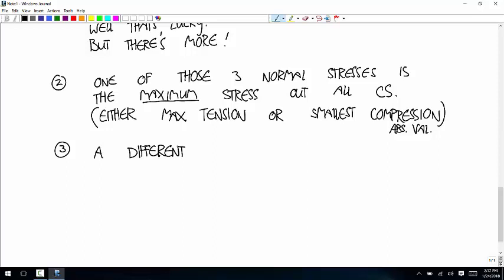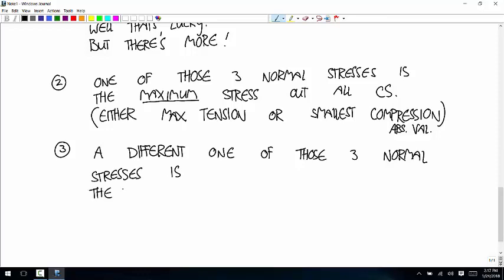A different one of those three normal stresses is the minimum stress out of all coordinate systems.